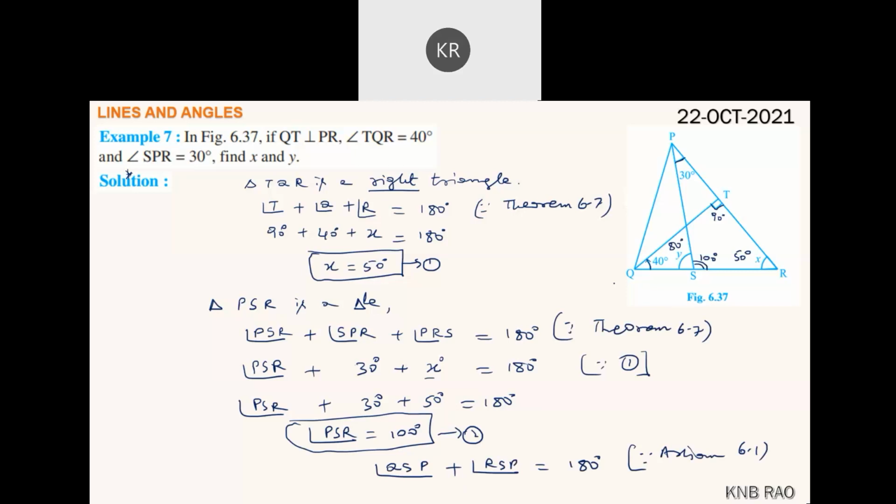And another thing: y is equal to, in triangle PSR, angle PSQ is an exterior angle, which is the sum of the opposite interior angles, angle SPR and angle SRP.